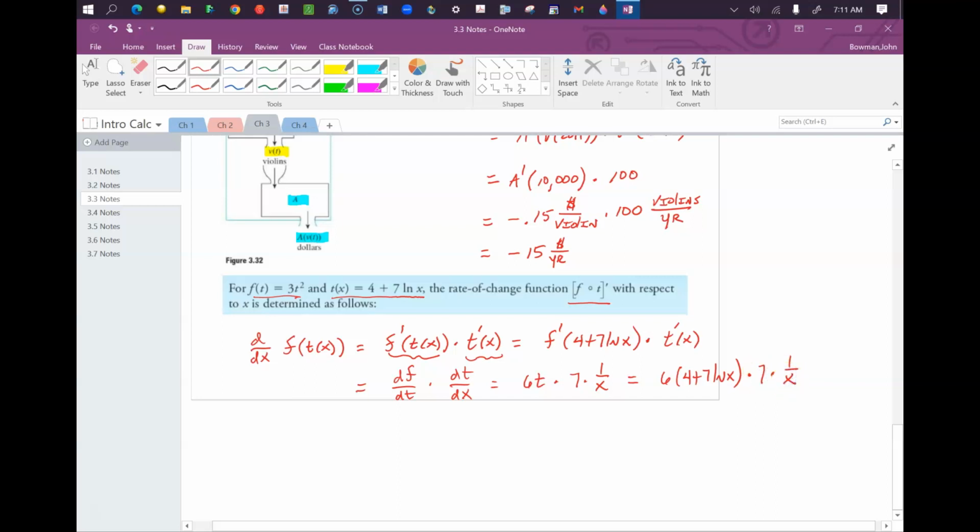Now, often that would be simplified, we would have something like this. 6 times 7 is 42, times 4 plus 7 ln x, all divided by x, but you can leave it unsimplified as far as I'm concerned. Just make sure that when you're checking your homework answers that you can take your answer and put it into the same form as the publisher's answers.